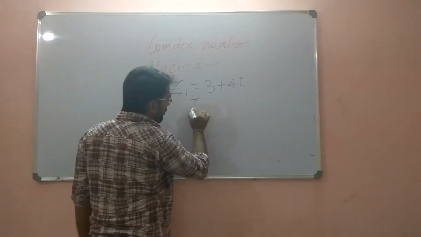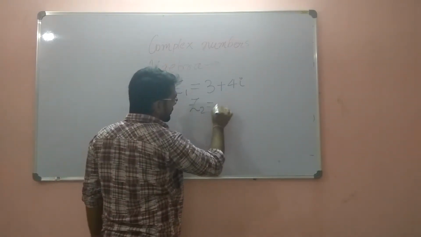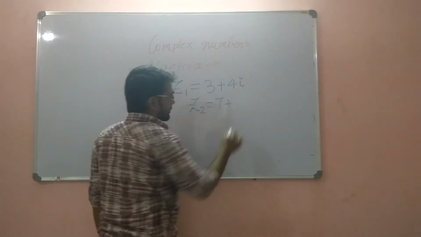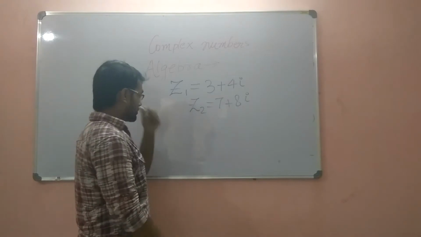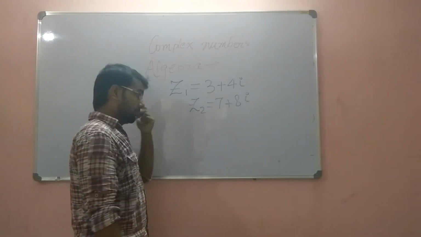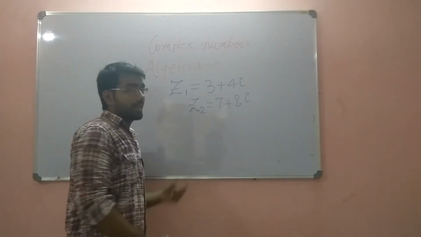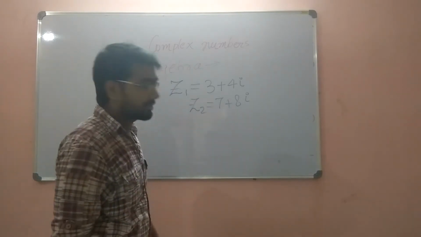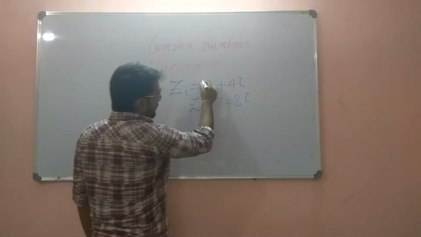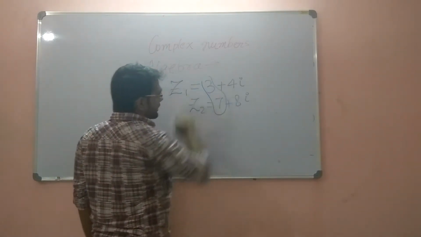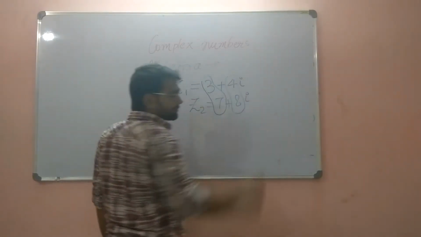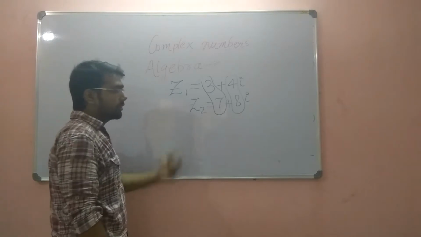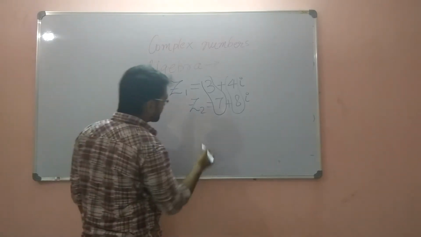And we have our second complex number, 7 plus 8 iota, right? What the addition of complex numbers says is we just add the real parts together, we add the imaginary parts together, and we get our new complex number, right?